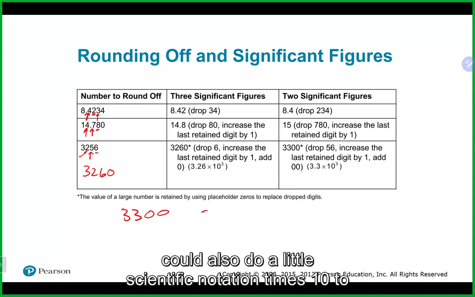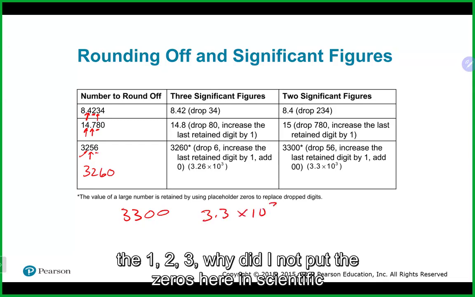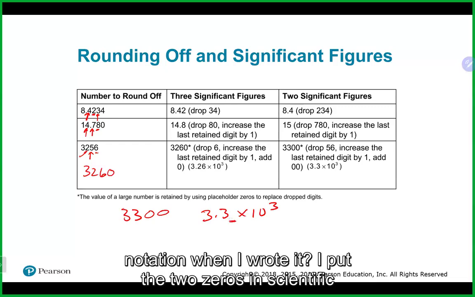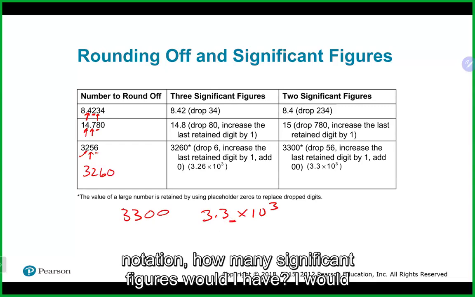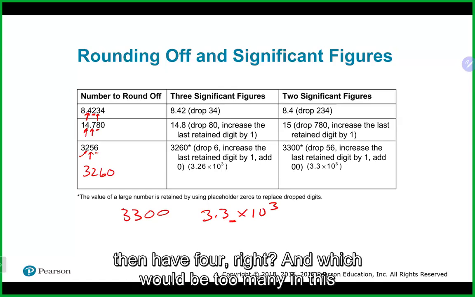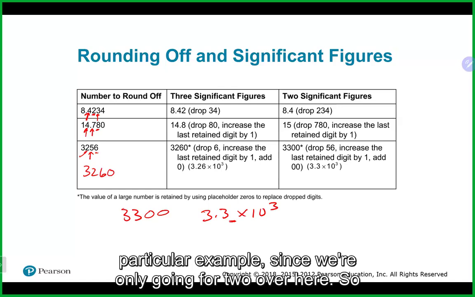We could also do a little scientific notation times 10 to the 3. Why did I not put the zeros here in scientific notation when I wrote it? If I put the 2 zeros in scientific notation, how many significant figures would I have? I would then have 4, right? Which would be too many in this particular example, since we're only going for 2 over here.